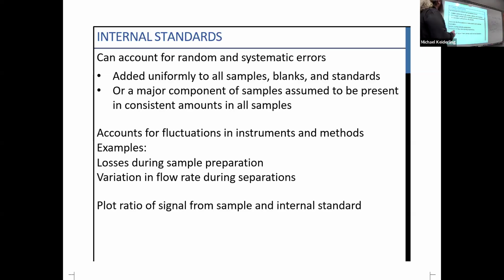So this accounts for fluctuations in instruments and methods, like losses during sample preparation or variation in flow rate during separations. And then you plot the ratio of the signal from the sample and the internal standard.